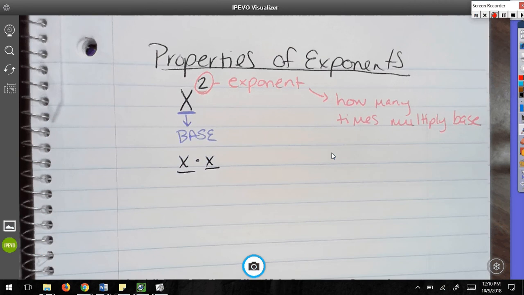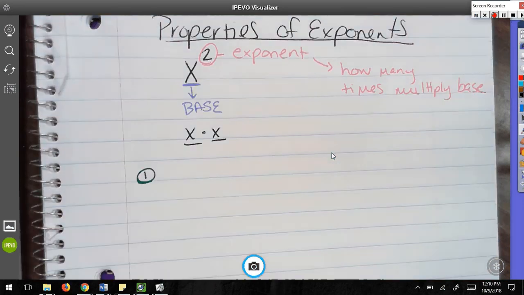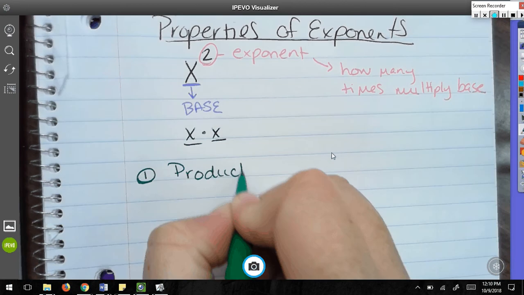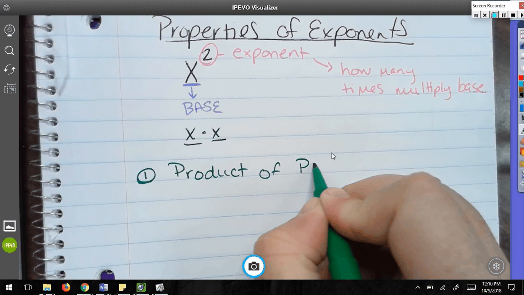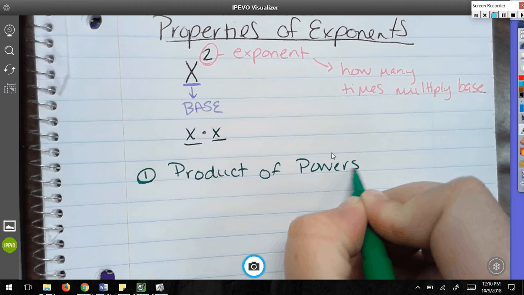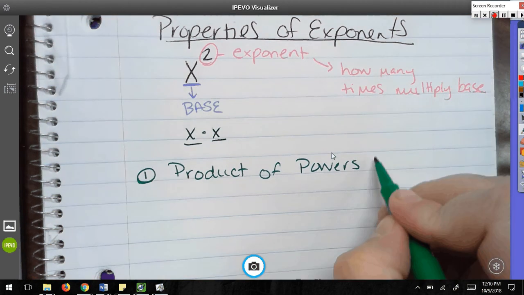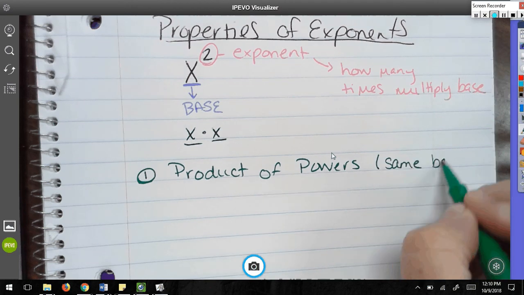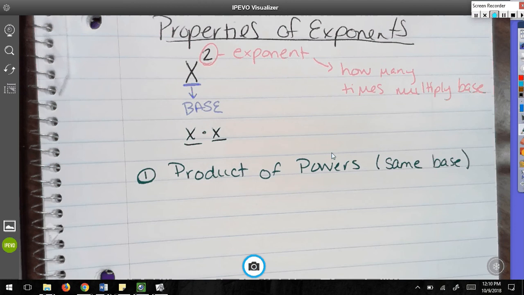The first property that we have is called the product of powers. Now the important thing to remember here is that a lot of these, and especially this one, in order for the property to be true, the bases have to be the same. So this is the same base property.